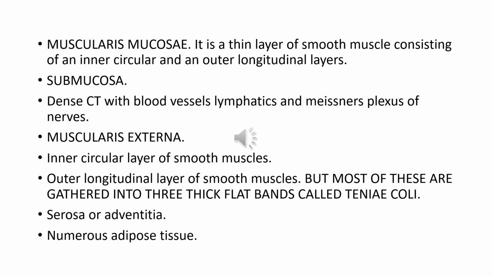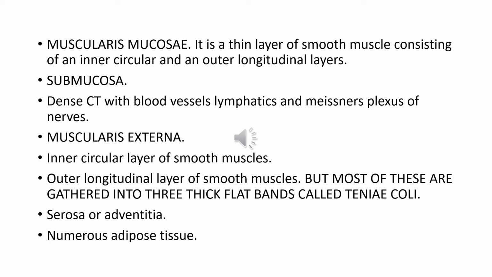Then comes the muscularis externa. It is arranged in the form of an inner circular layer of smooth muscle. But the outer longitudinal layer of smooth muscle is actually gathered in the form of three thick flat bands of smooth muscle, and these flat bands are called taenia coli.